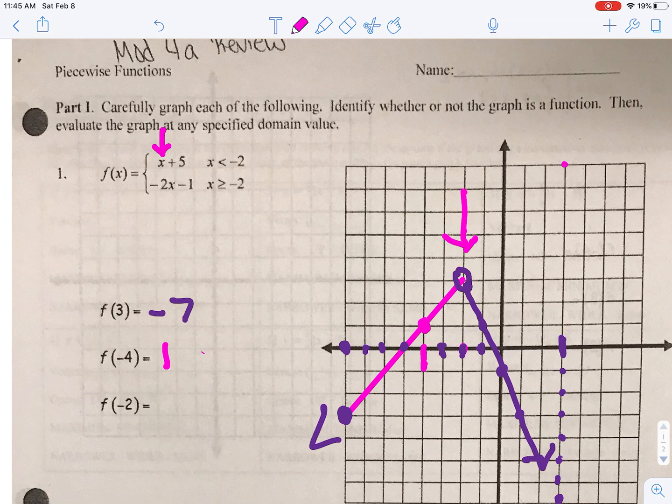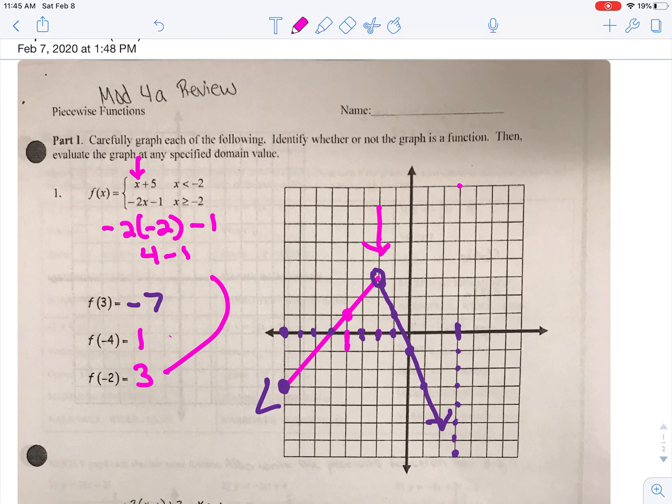Do you remember which graph I said it was a part of? It was a part of the purple one. But either way, that's going to be 3 because it's 3 up at -2. Just to prove that, -2 times -2 minus 1 is 4 minus 1, which is 3.